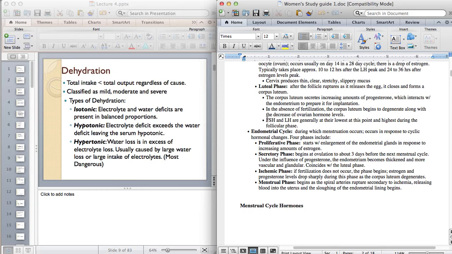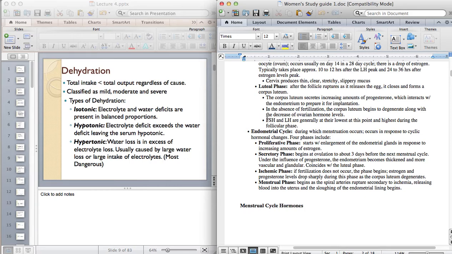And again, another thing that makes it faster is, remember, the bulk of the fluid is in the extracellular space. So they are losing all their extracellular fluid, the sodium, the chloride, they're all going. And with that happening, fluid will shift from the intracellular space, from the cells, to compensate for the extracellular loss.